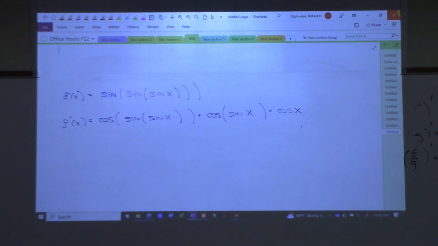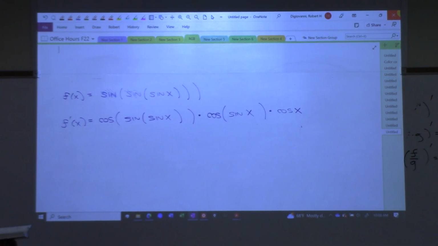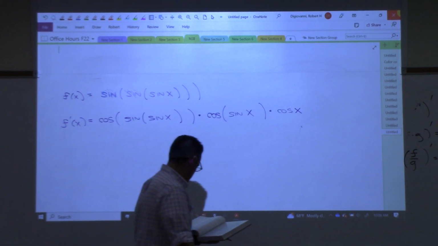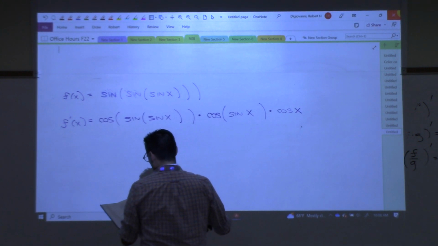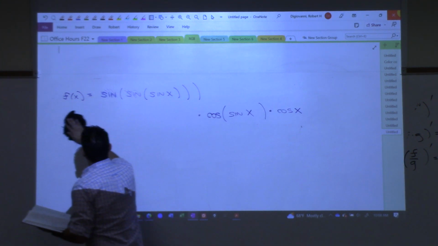How do y'all feel? I mean, this is chain rule. You're going to have to do a lot of problems to get comfortable with this. I'm going to pull some more from the book. Some more ideas here. Where'd it go? That's actually number 36 in the book, that problem.